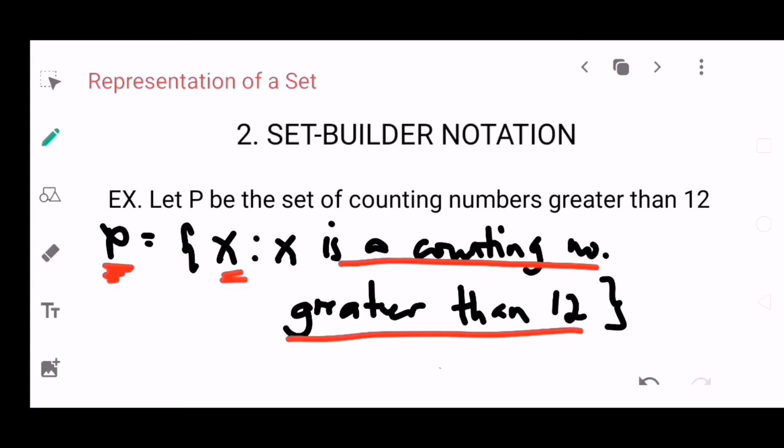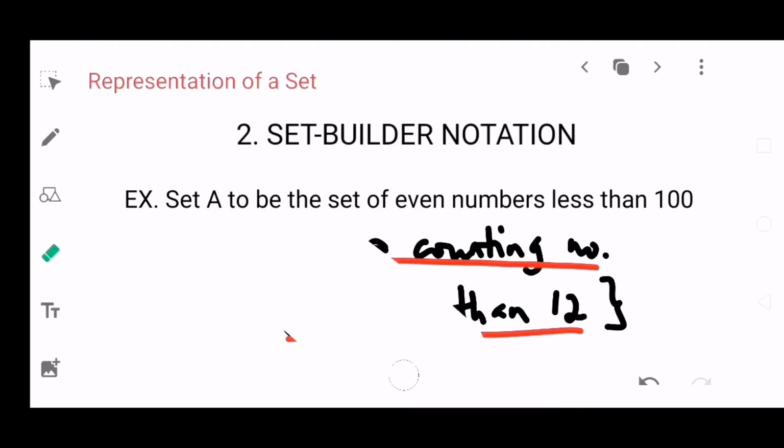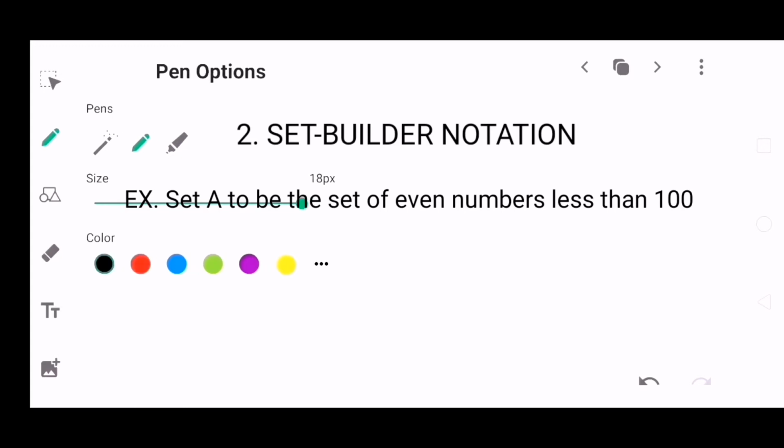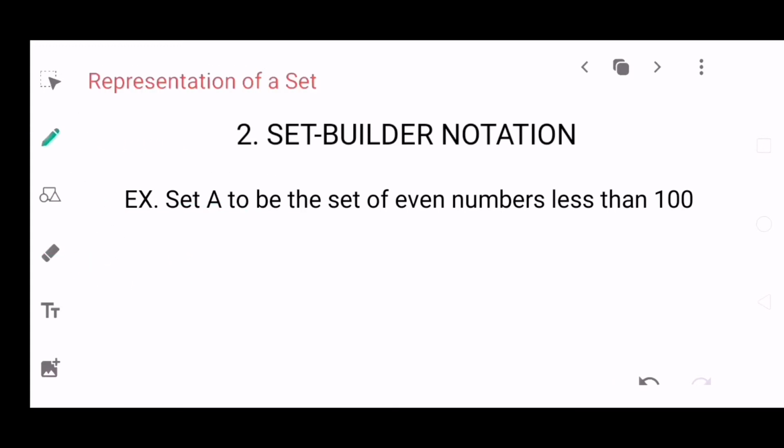Okay, let's have another example. Let's say we have set A to be the set of even numbers less than 100. So we will have set A containing y, this time let's use y, such that, we can use this symbol or the colon, either of the two will do.